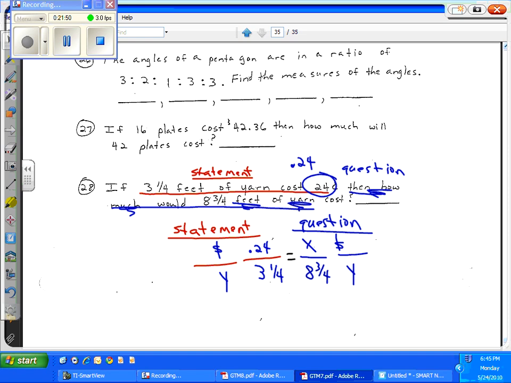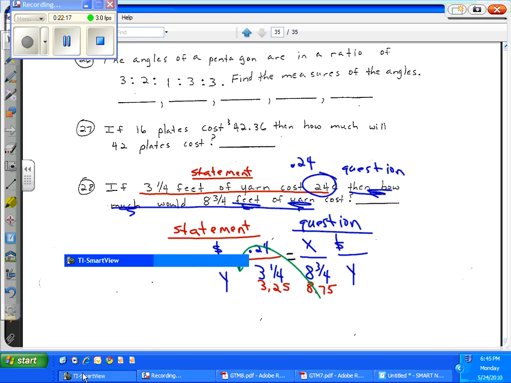Now we could change these to decimals. A fourth is 0.25, so this is 3.25. 3/4 is 0.75, so we're going to write this as 8.75. We're just going to solve this as decimals since it's easy to convert and it wants the answer in money, which is a decimal anyway. So we're going to go 8.75 times 0.24.